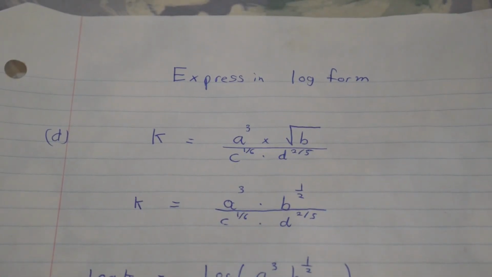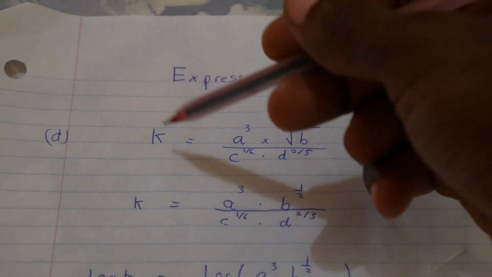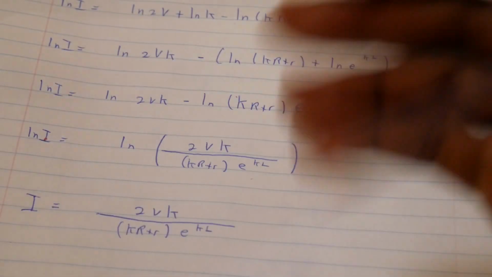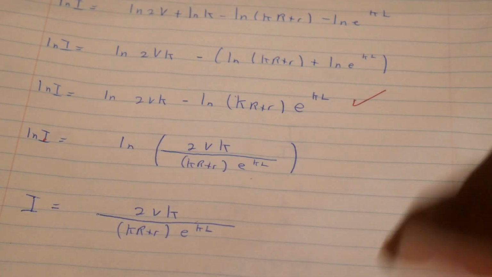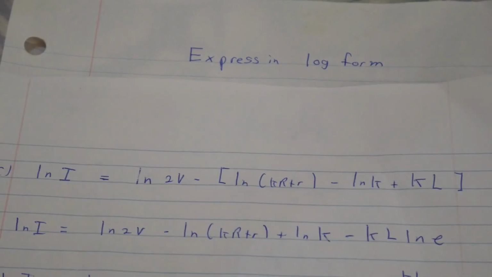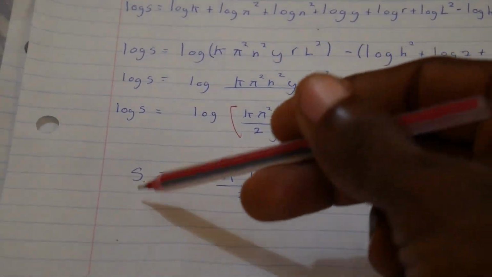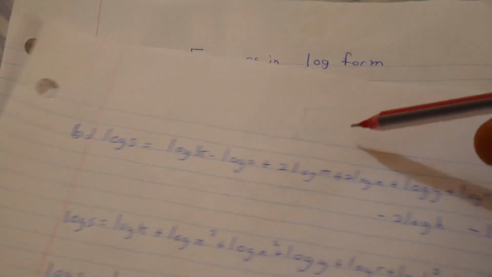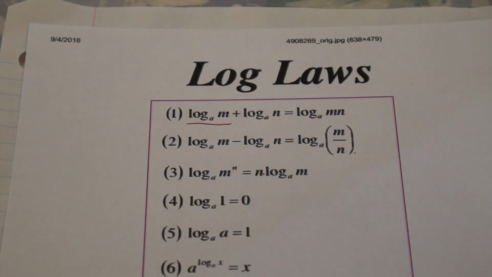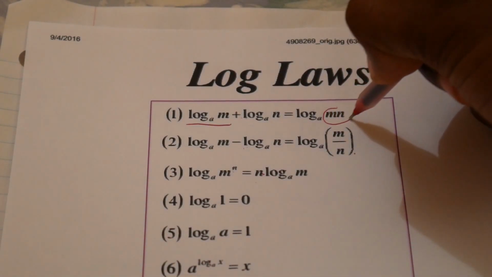Alright, the next type, express in log forms. Now when you're expressing in log form, this time we're starting with this, and we want to expand it to look like that, full of logs. We're starting with something that looks like this, so we want to get it up to this. So we're using the same rules, except we're going from 1 term to many terms.